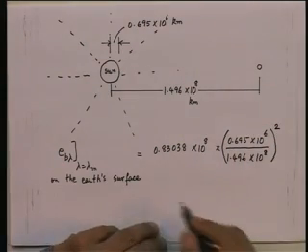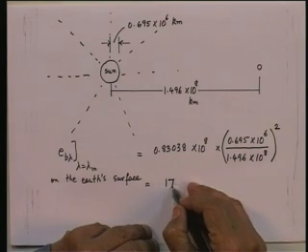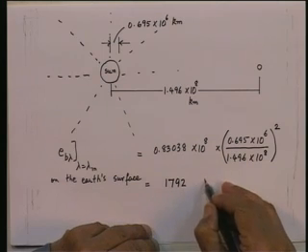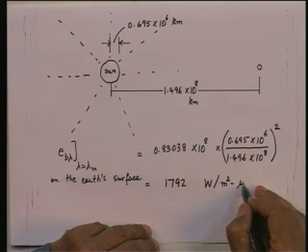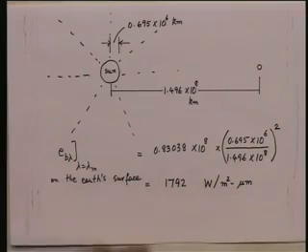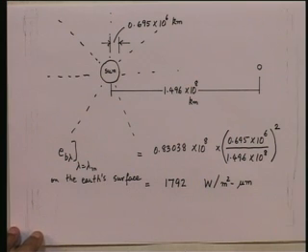That will come out to be 1792 watts per meter squared micron. So, from Planck's law, if I take the average temperature of the sun's surface to be 5779, the maximum value of the monochromatic emissive power at the earth's surface is 1792 watts per meter squared micron.